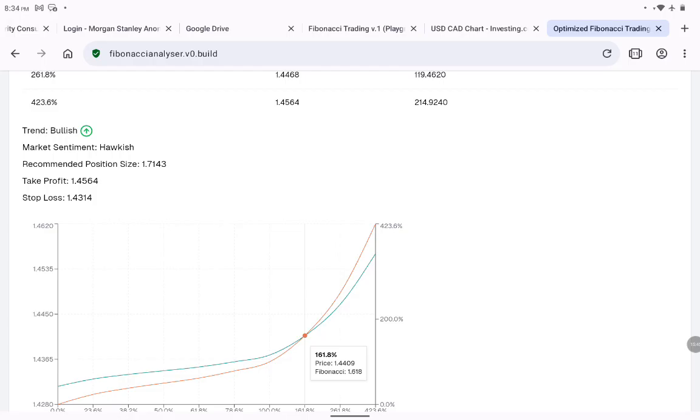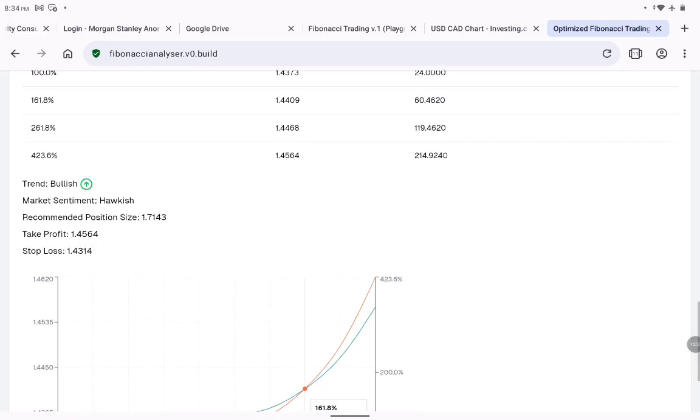And from what I'm seeing here, the recommendation is a 1.7 lot size and take profit at 1.4564. In fact it's going all the way to 400, and a stop loss at 1.4314, which is also not bad.